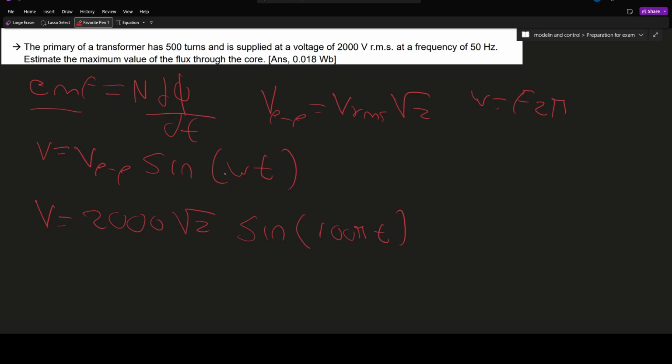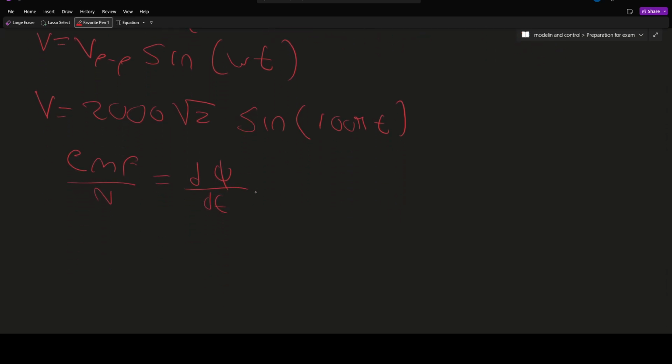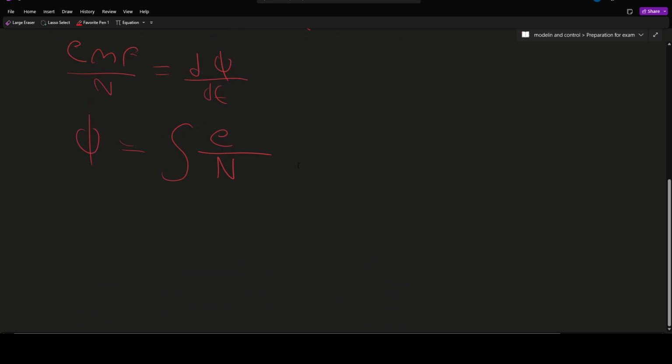Well, this N is a constant, so we can write EMF over number of turns is equal to the rate of change of flux. Then if we integrate both sides, we will have, just gonna write E for EMF over N. Okay, so this is how we calculate flux.